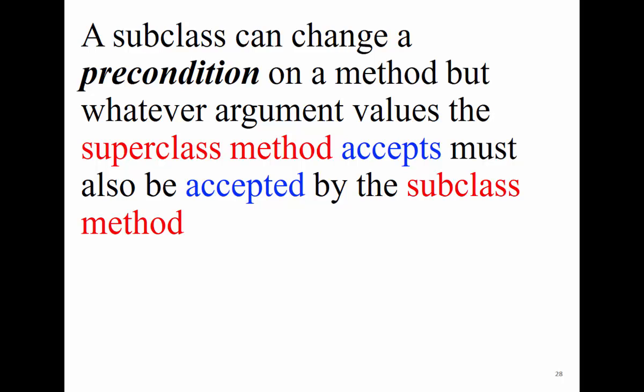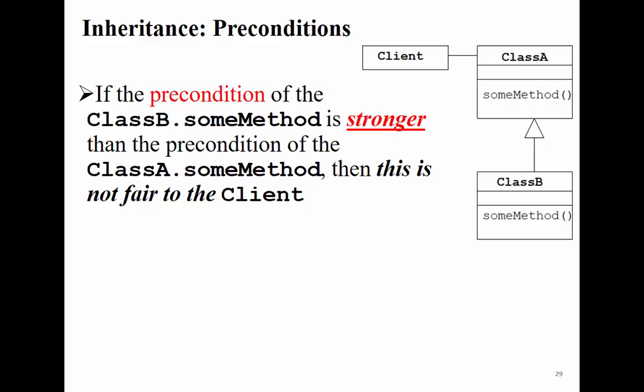So if the argument is acceptable by the superclass, the subclass should accept the same argument. Otherwise, we have to do a lot of work to handle this. So if the superclass accepts certain arguments, the subclass should accept the same arguments. Otherwise, we will not be able to substitute.